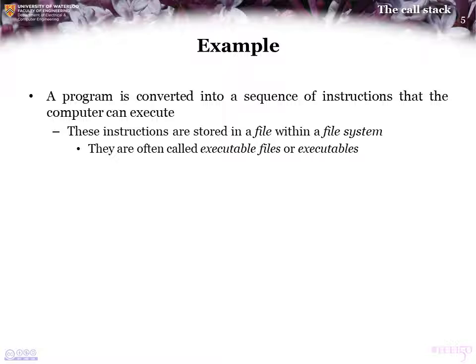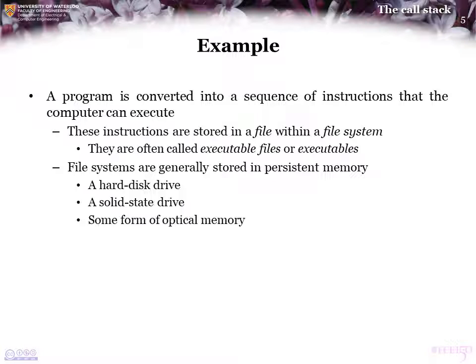If the file contains data that is instructions to be executed, they are often called executable files or simply executables. Now, file systems are generally, but not always, stored in persistent memory. For example, they may be stored in a hard disk drive or a solid-state drive or some form of optical memory. However, they may also be stored as firmware within some form of flash read-only memory.